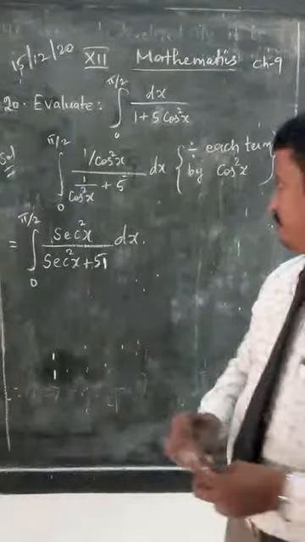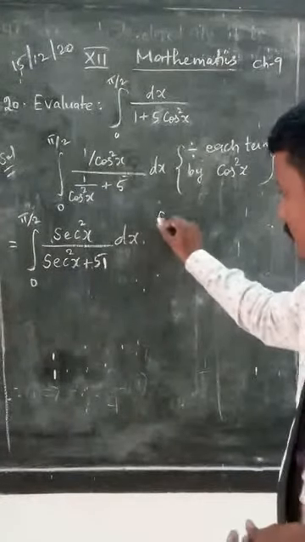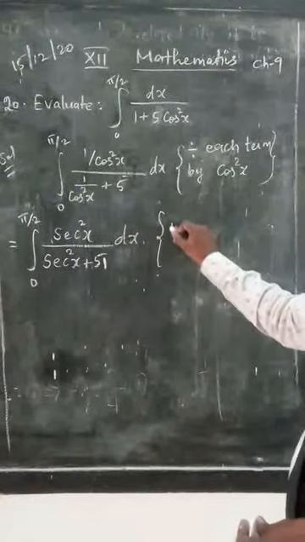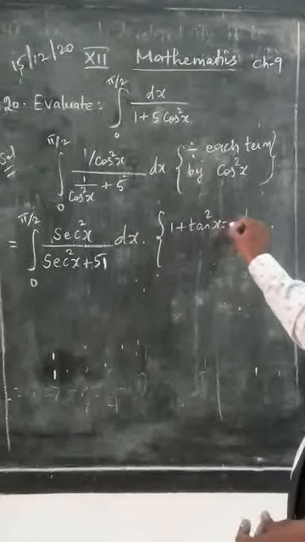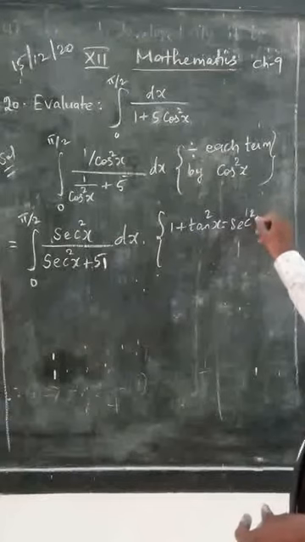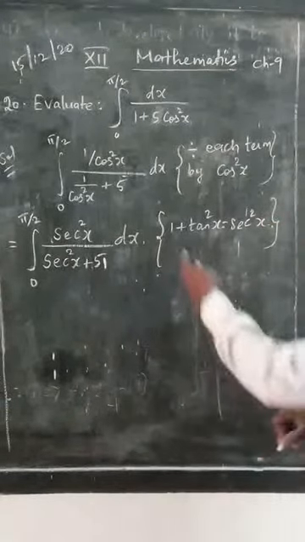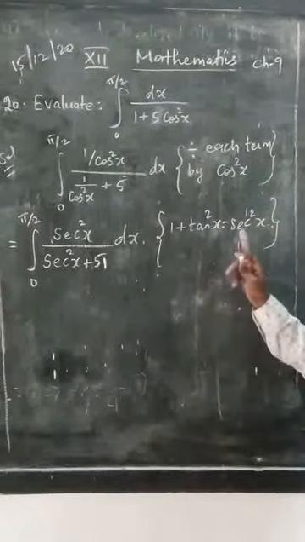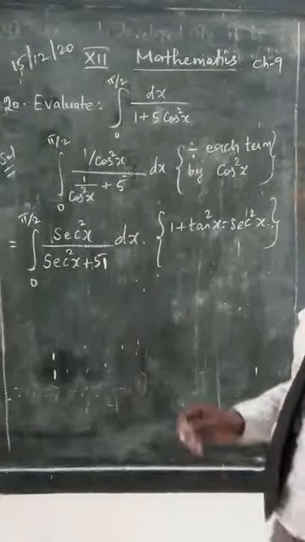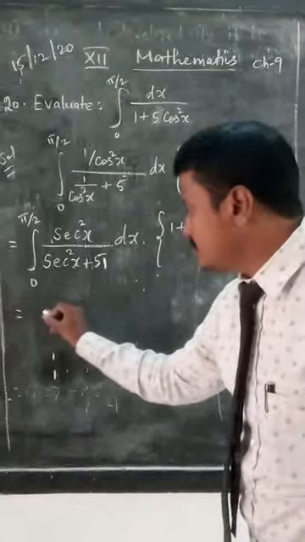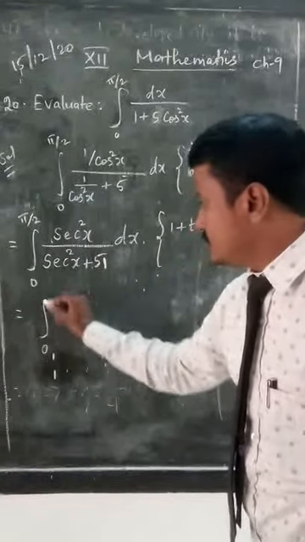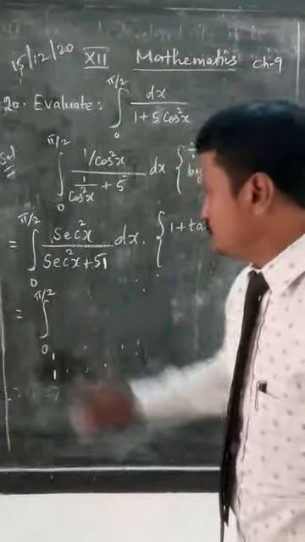In the next step, we are going to use a trigonometric formula. We know that 1 plus tan square x is equal to secant square x, right? So use this result here. So I am going to get integral 0 to pi by 2.